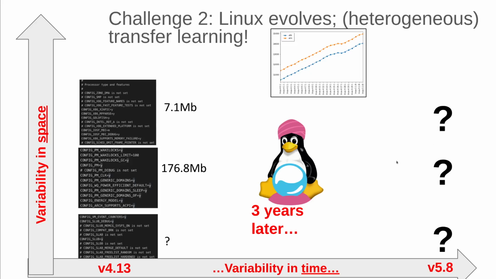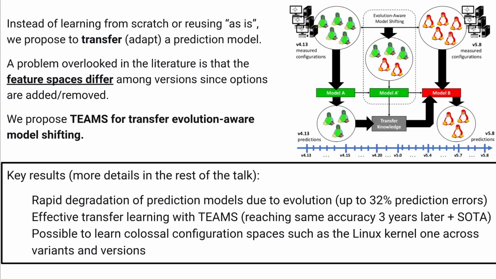And then 3 years later, you want to reuse this prediction model, and maybe you have to do something because either the distribution is different or the feature space has evolved. That's precisely the problem we are tackling in this paper.